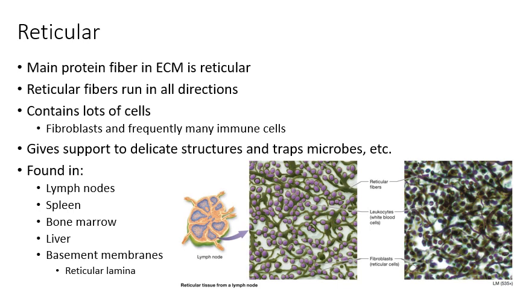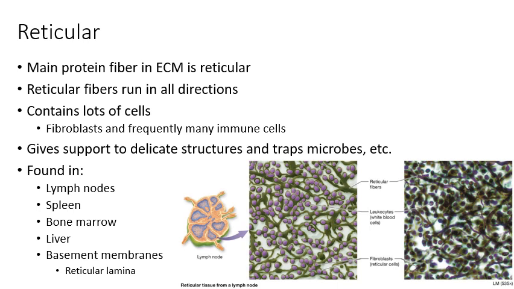You have a lot of fibroblasts in there to actually make the reticular fibers for the extracellular matrix, as well as all the other parts of the extracellular matrix. And you're usually going to have a lot of immune cells as well. It depends on where that tissue would be found.